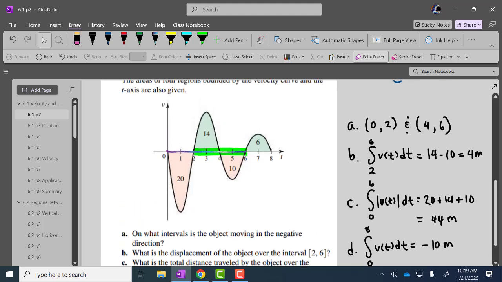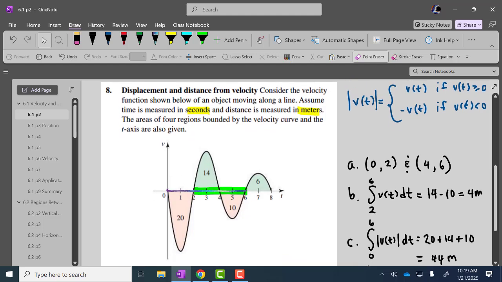Do we know where this object is at time 0? Yes or no? No. All we have here is a picture of what its velocity is at time 0 and all the way up to time 8. But we do not know the location on our number line at time 0.